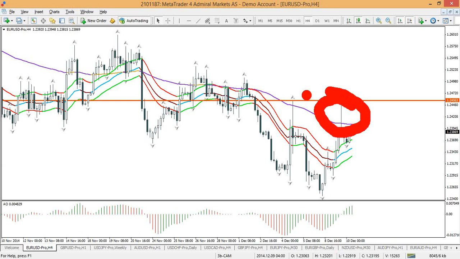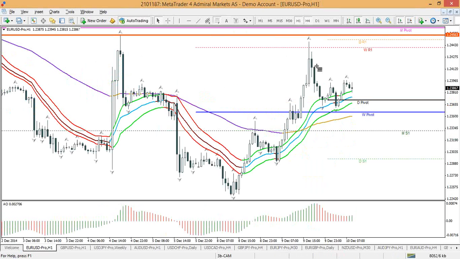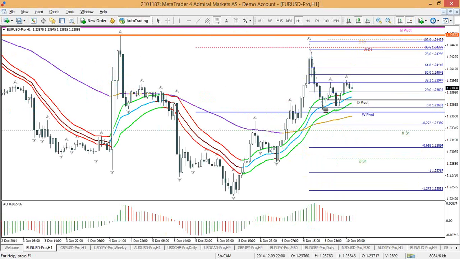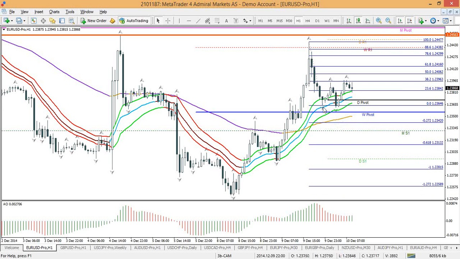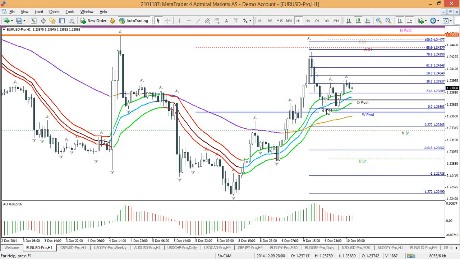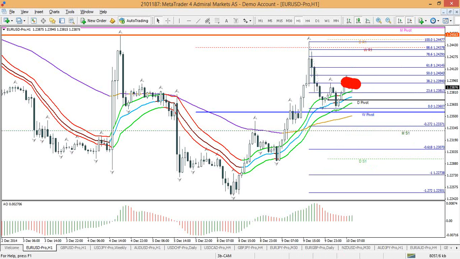But there is a good 4-hour candle here at the moving averages. So if you put a fib on this last swing high, swing low, you can see the price, for instance, hit the 38.2. It could even retrace to the 61.8 before it perhaps makes that fall that I'm talking about.